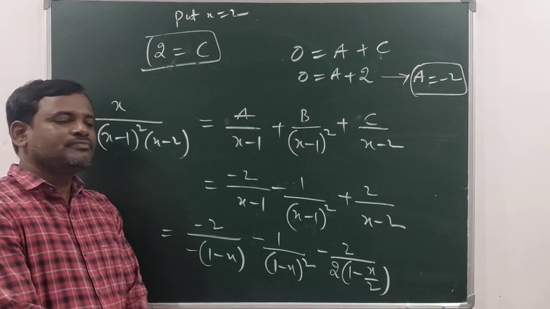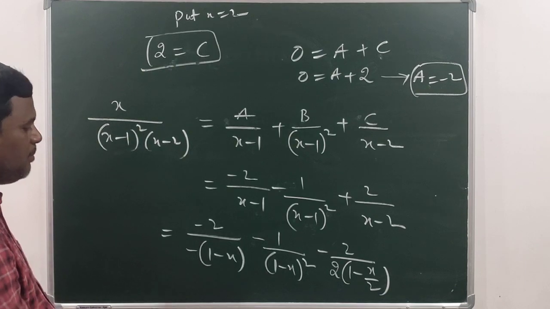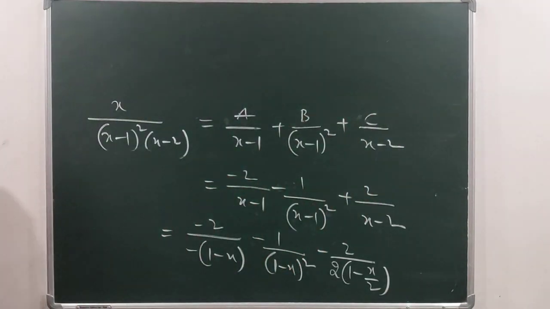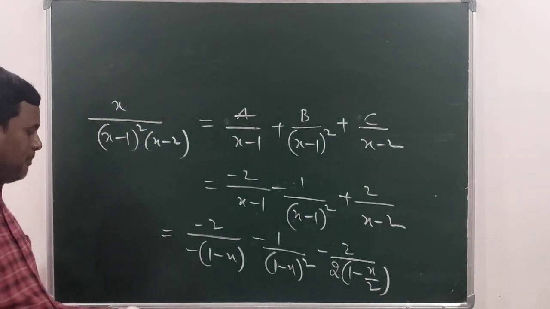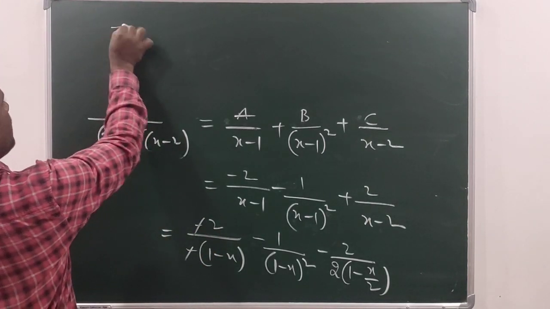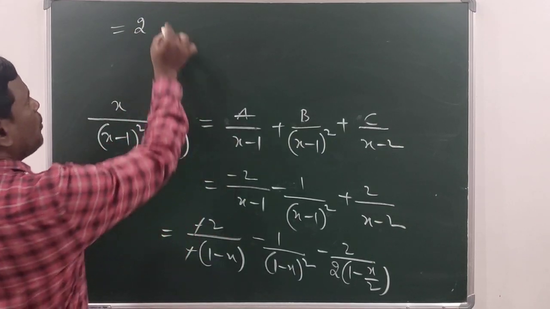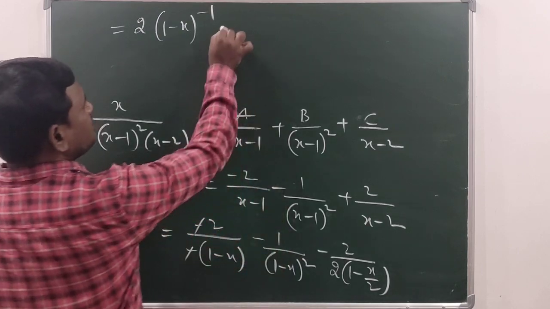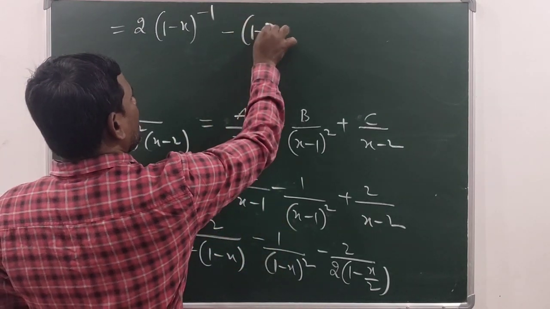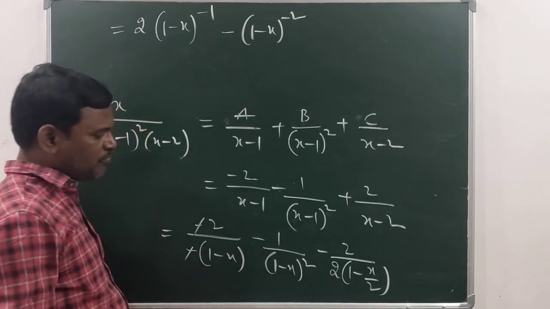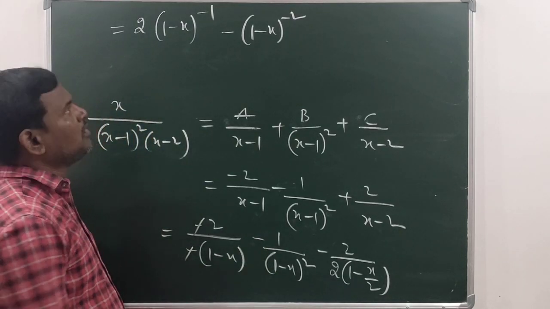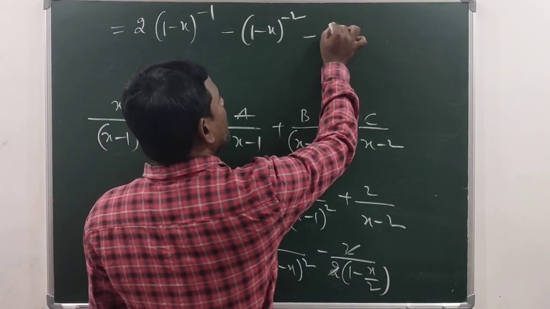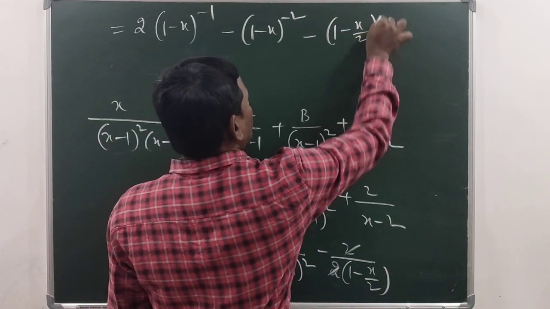In the next step, minus minus cancel. Now it can be written 2 into 1 minus x whole power minus 1, and here minus of 1 minus x whole power minus 2. Here 2 cancel. Minus of 1 minus x by 2 whole power minus 1.